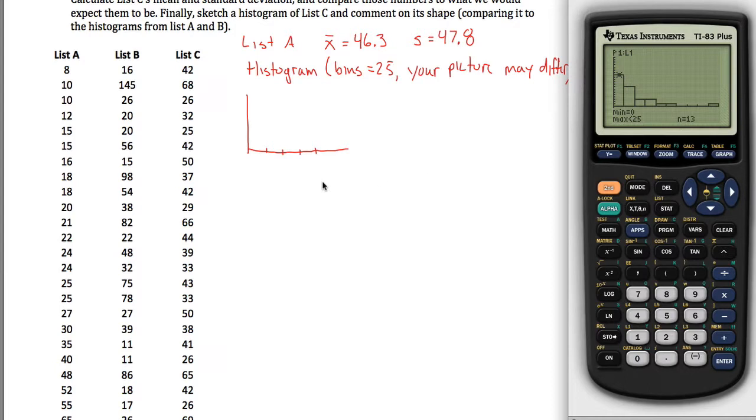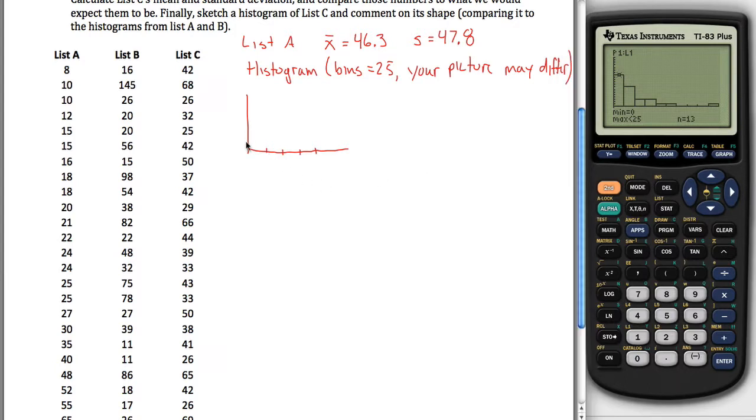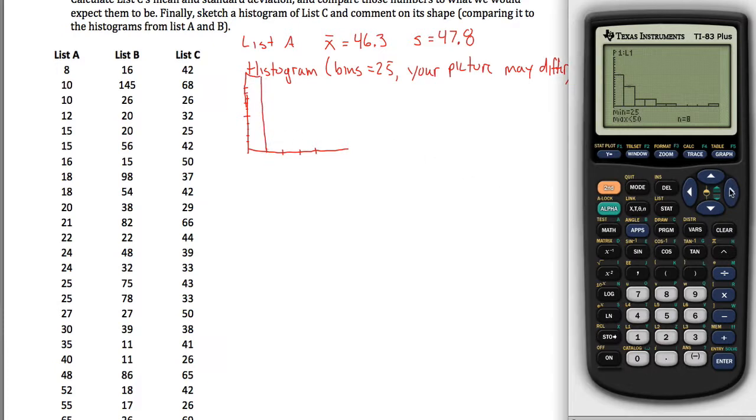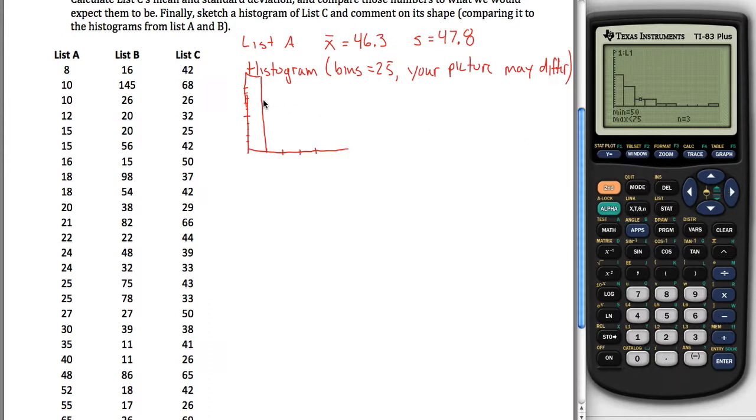You can kind of trace them here to get some idea. From 0 to 25, I had 13 observations. 1, 2, 3, 4, 5, 6, 7, 8, 9, 10, 11, 12, 13, way up here somewhere. And then from 25 to 50, I got 8 observations, then 3 observations. So maybe this is 8-ish. This is 3-ish.